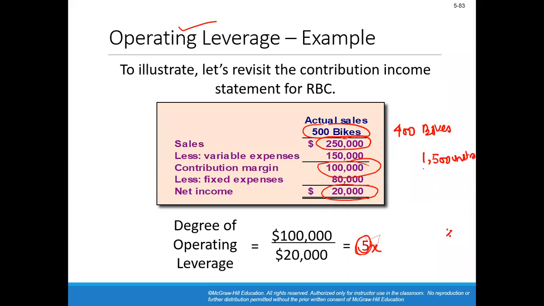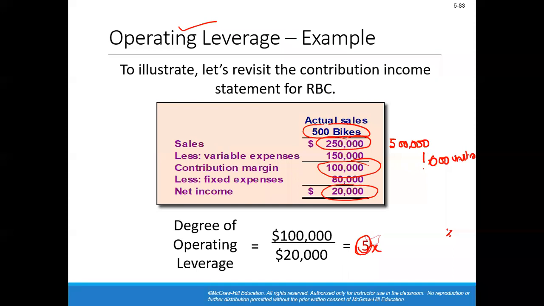In that case, okay, it will take time. So let's think that it is 1,000 units. So if it is 1,000 units of sales, what will be our sales amount in terms of dollars? In terms of dollars, our sales amount will be 500,000.